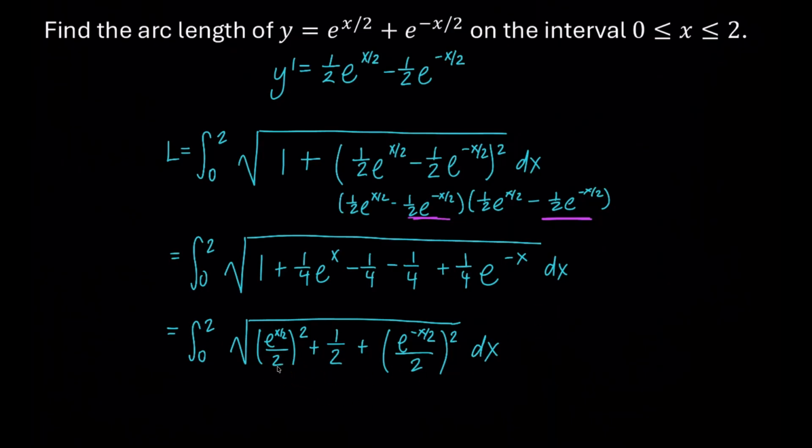And it does turn out that this middle part, 1/2, is 2ab. If I multiply e to the x over 2 and e to the negative x over 2 times 2, I'm going to get 1/2. So this is going to factor to that a plus b squared.